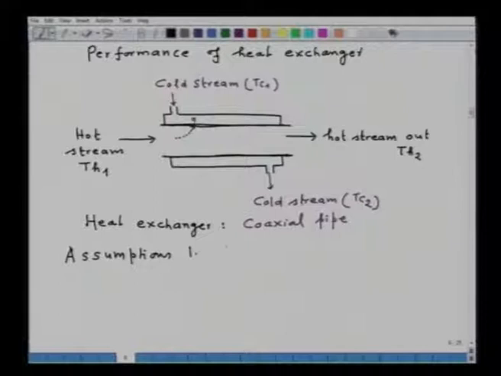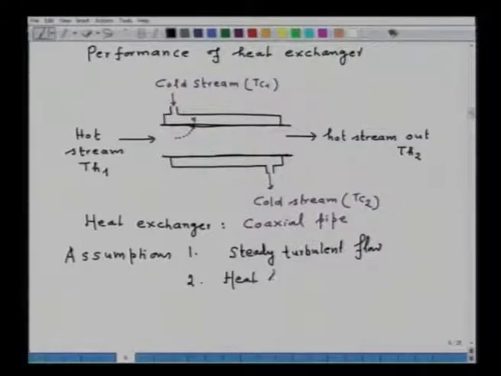Number 1, we are assuming steady turbulent flow. Second, we are assuming heat losses to surroundings are negligible.